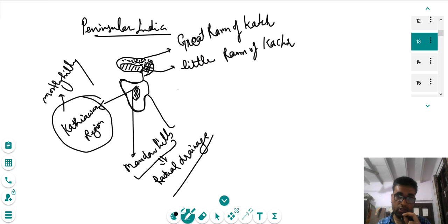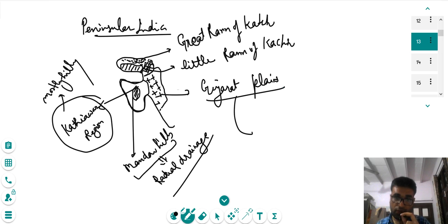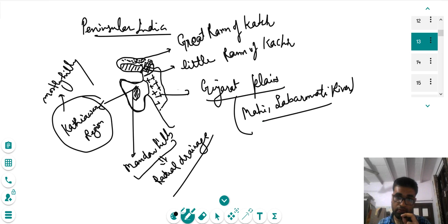Okay, and this part of Gujarat is called the Gujarat Plains. Gujarat Plains are formed basically by Mahi and Sabarmati River, right? So this is the topography of the Gujarat, right?